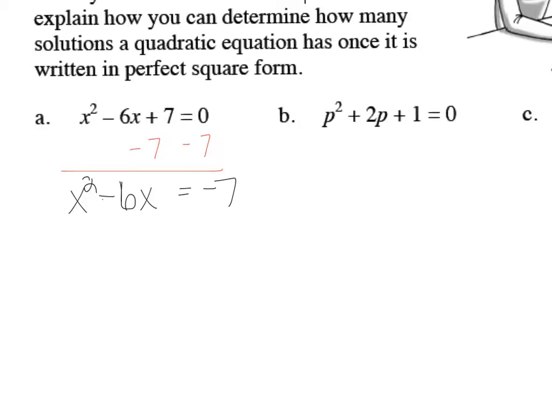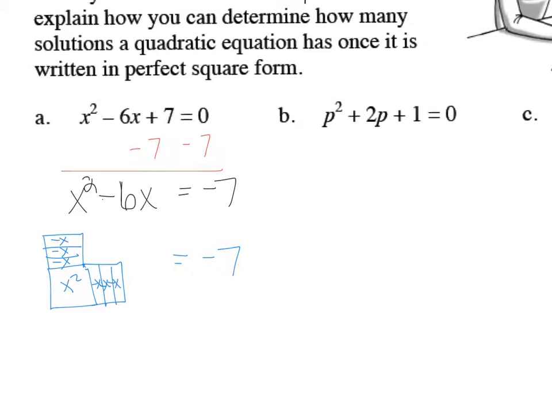To draw out the algebra tiles here, I would have an x squared tile, then I would have 3 negative x's above it, and 3 negative x's to the side of it. And this is equal to negative 7.